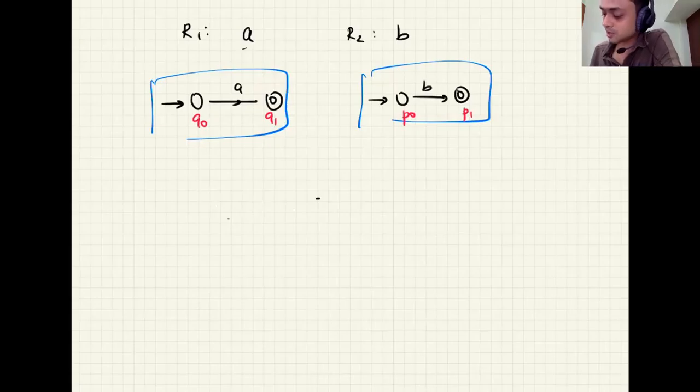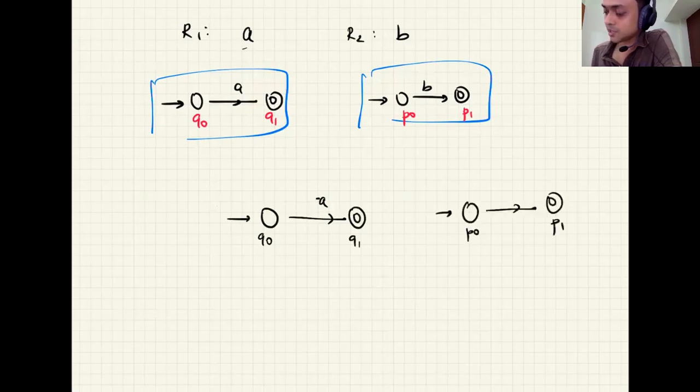So then let me draw it again. Q0, Q1, P0, P1. Okay. The first thing that I will do is, see from this initial state, on a B, there is a transition.